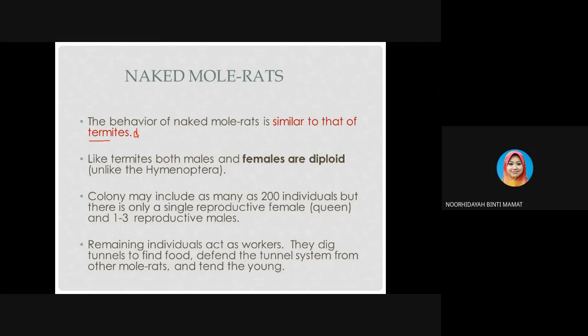They defend the tunnel system from other colonies, and they also tend the young. This is the function of the workers.